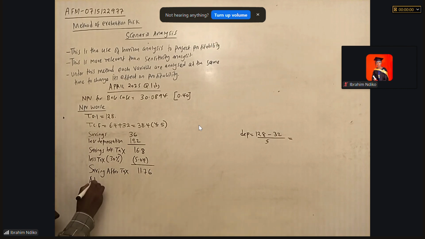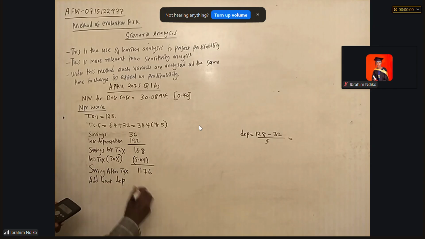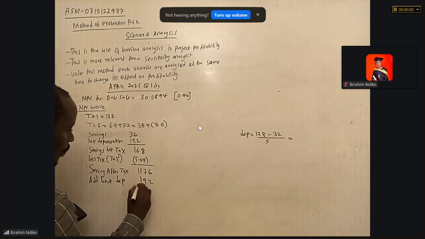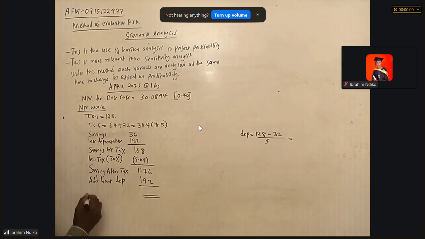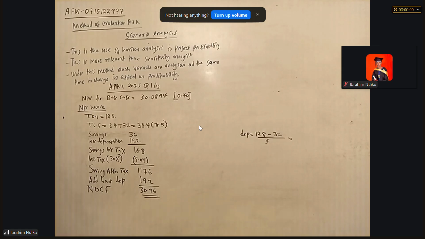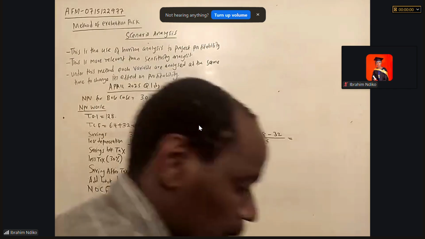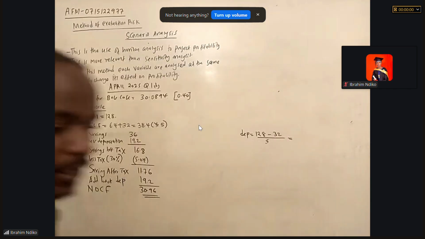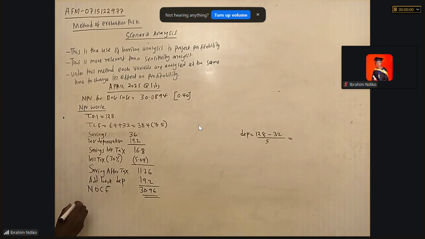Then we add back depreciation, 19.2, to get net operating cash flow. So plus 19.2, we get 30.96. Yes. Let us calculate NPV.